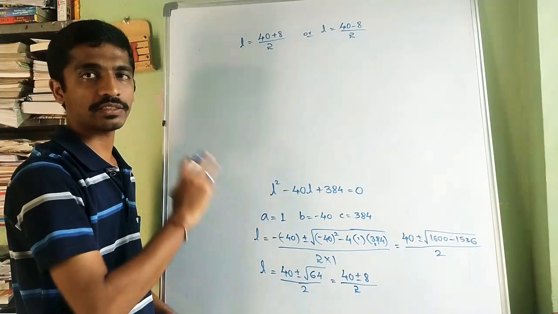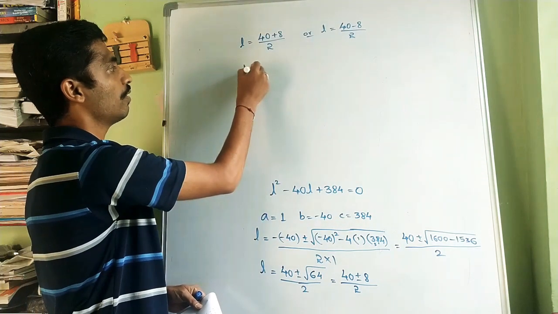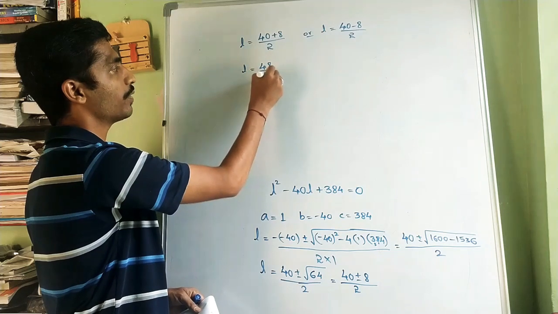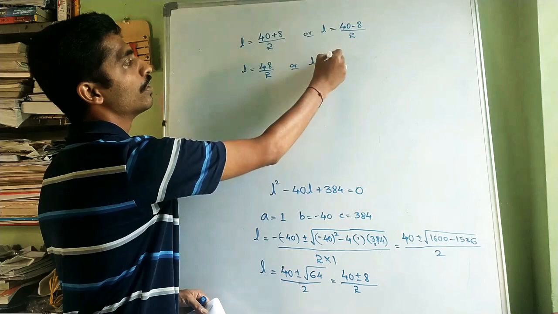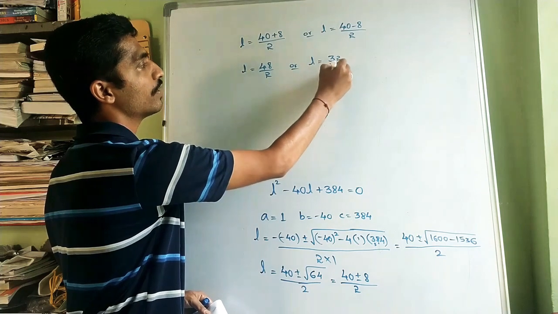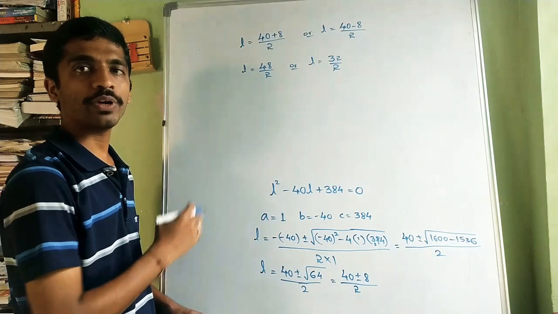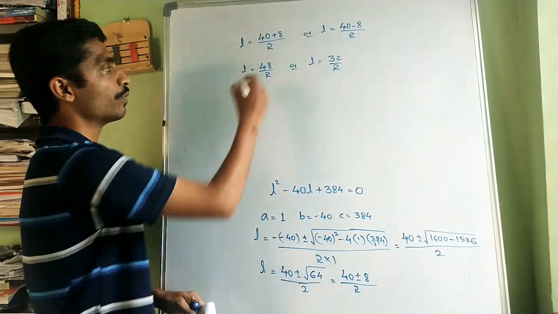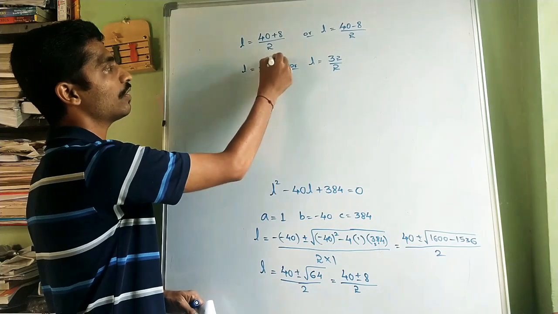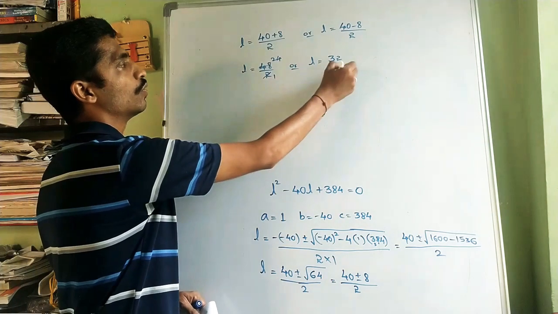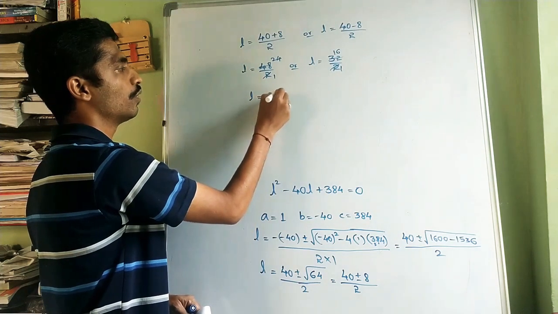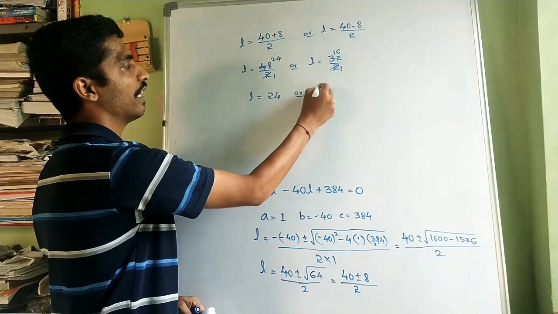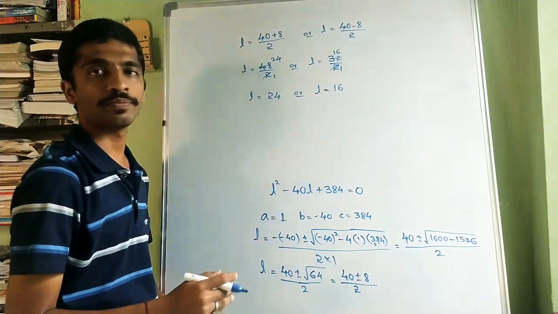Okay, plus or minus are there. So L equal to 48 by 2 or L equal to 32 by 2. If you cancel it, 2 ones are 2, 24s are 48, 2 ones are 2, 16s are 32. So L equal to 24 or L equal to 16.